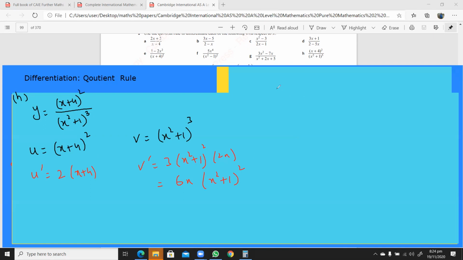Now we know that dy by dx is going to be (v u dash minus u v dash) over v square.